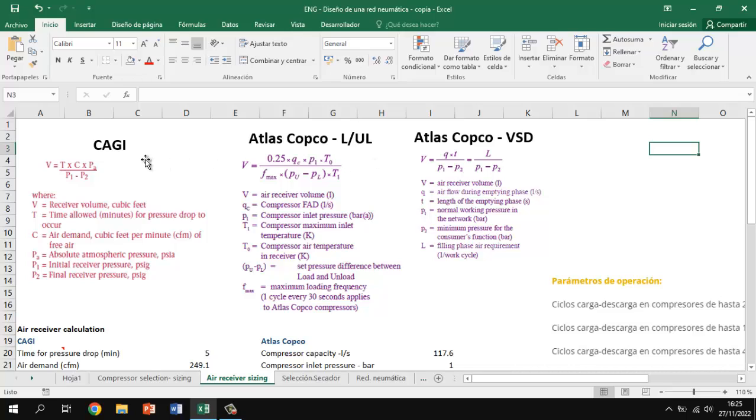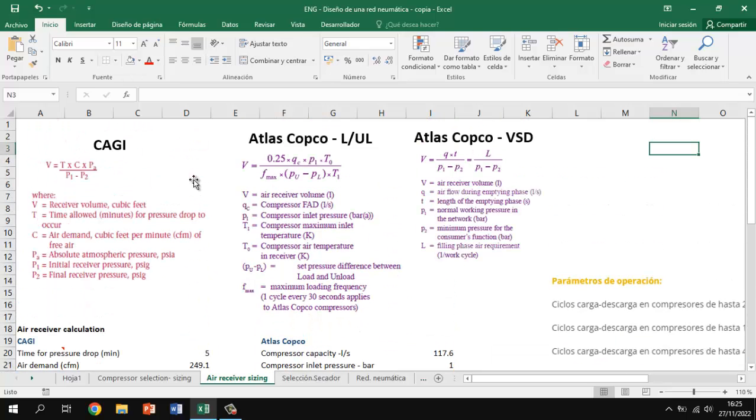You have to assume that you are in a load and unload situation. You should do it to have this equation. It's the same for this and the same for this, because you are selecting a correct sizing of your air receiver.